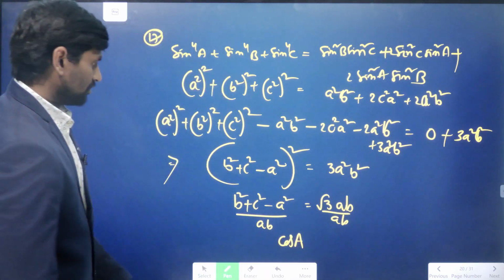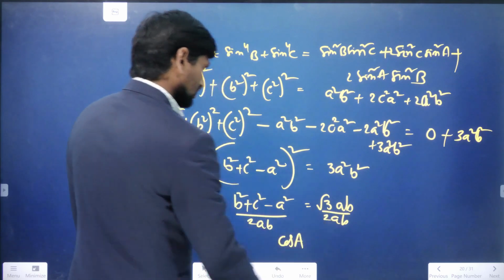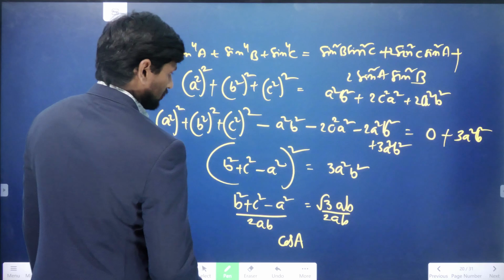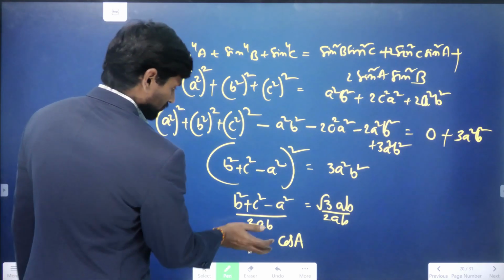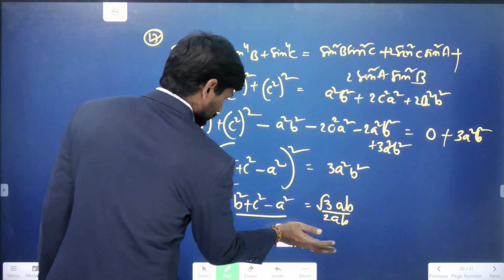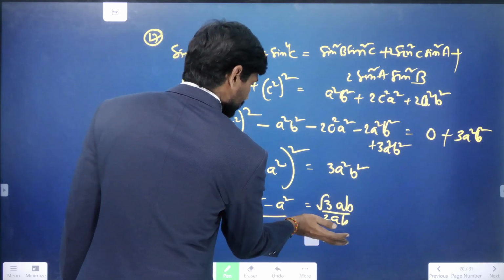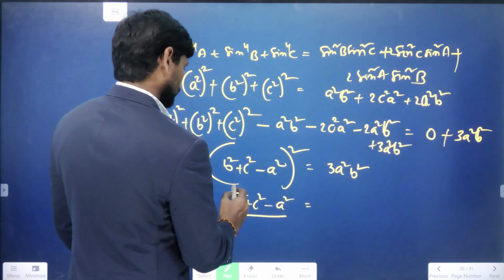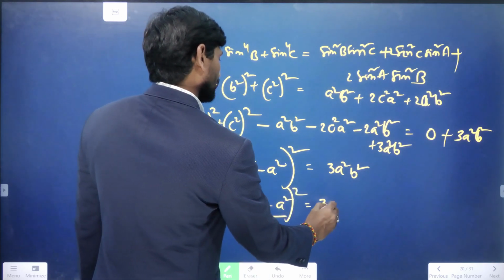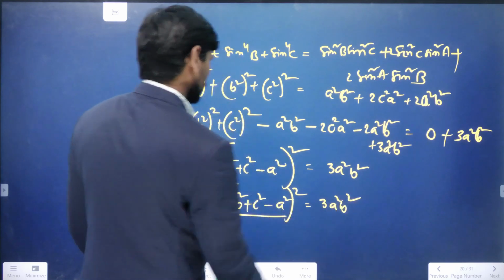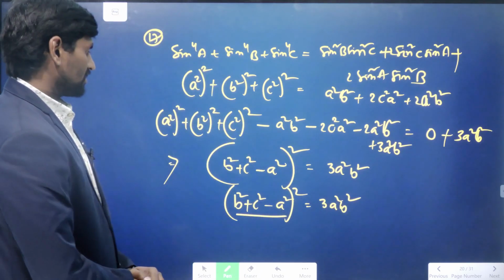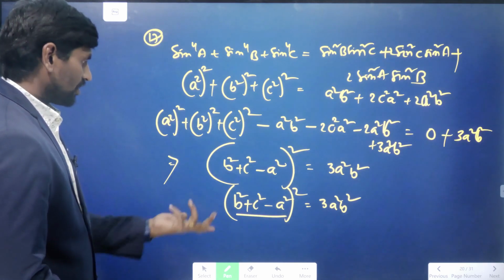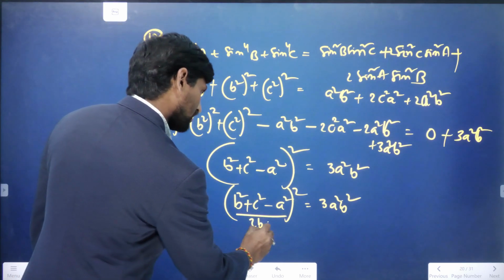Okay? 2ab I will take, or else b square plus c square minus a square by 2bc should be there. 2bc cos A must be there. 3a square b square. Okay, divided by 2bc both sides.